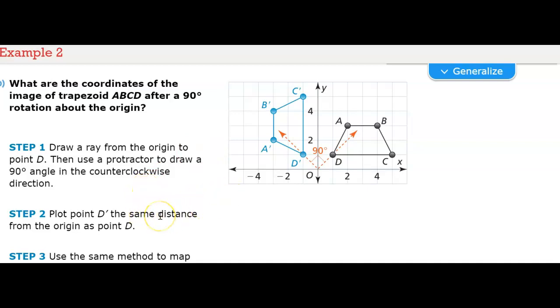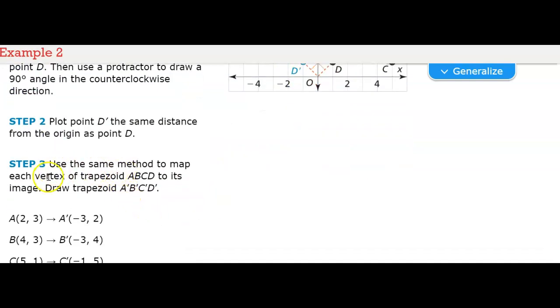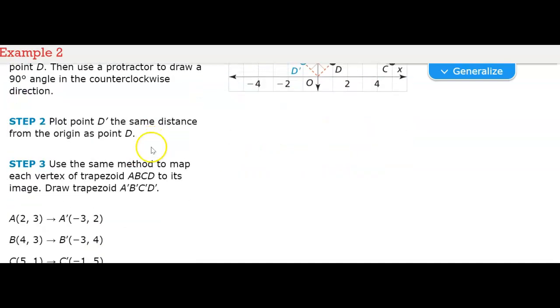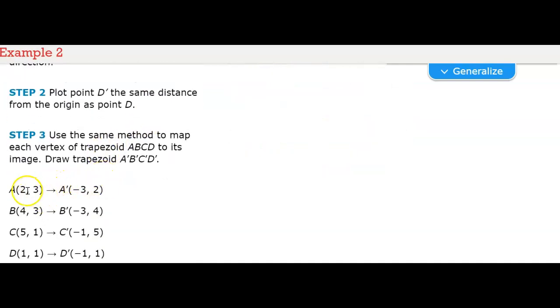You use that same method to map each vertex of trapezoid ABCD to its image. That's what it looks like after rotating it 90 degrees, and here are the coordinates for each of the vertices.